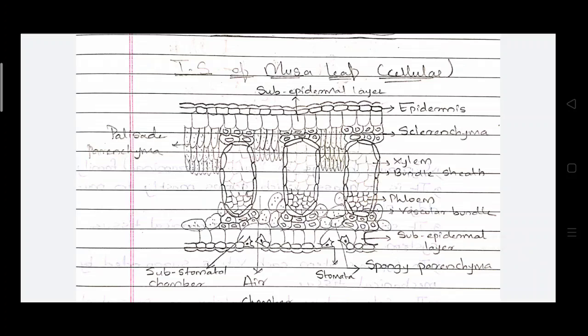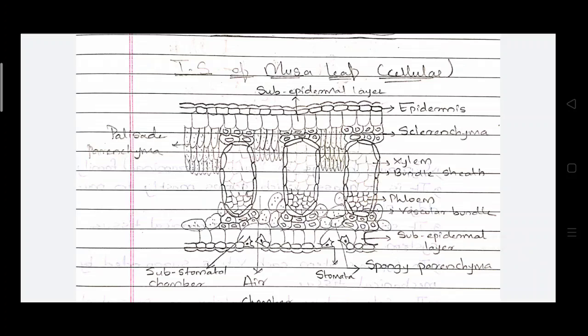So this is a very simple sectional view of the musa leaf, in which the mechanical tissue distribution is observed in the form of eye-shaped girdles, that is in flexicon, in between the sclerenchymatous patches and the vascular bundles.